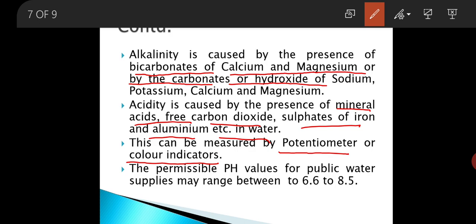For public water supply, generally attempts should be made to keep the pH value as close to 7 as possible.